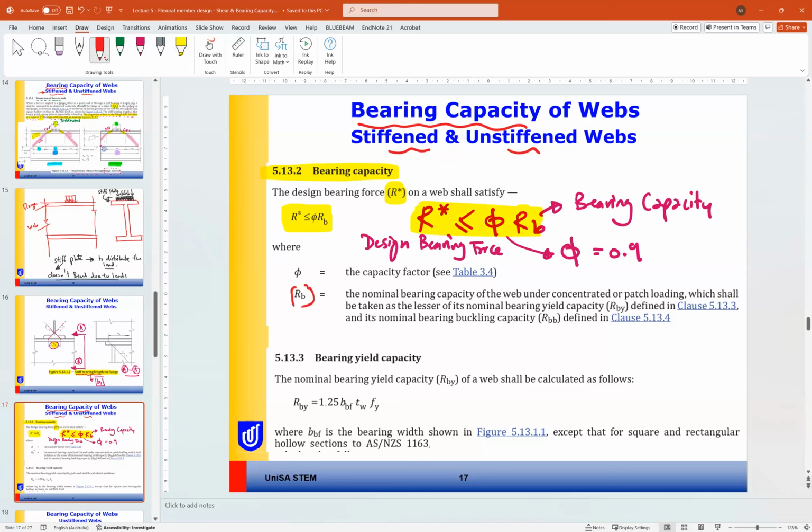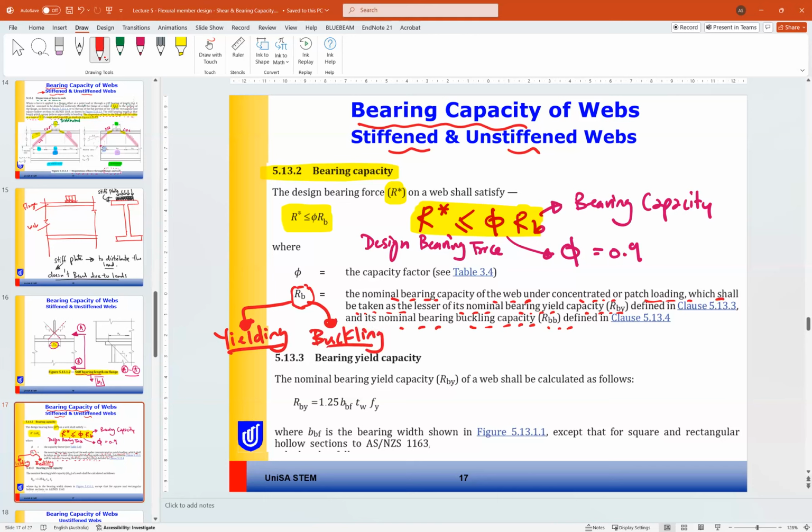where RB is the nominal bearing capacity of the web under concentrated or patch loading, and shall be taken as the lesser of its nominal bearing yield capacity RBY, or its nominal bearing buckling capacity RBB. So RB has two values, one for yielding and one for buckling.